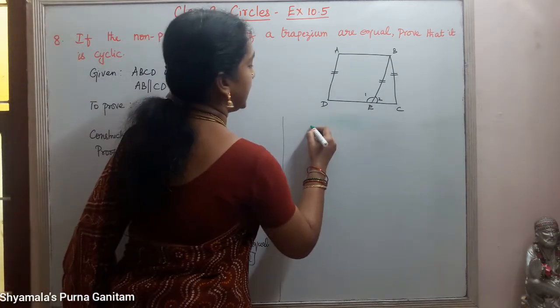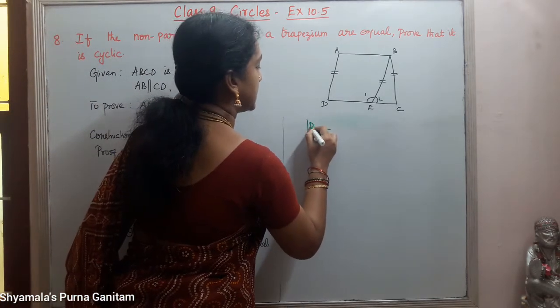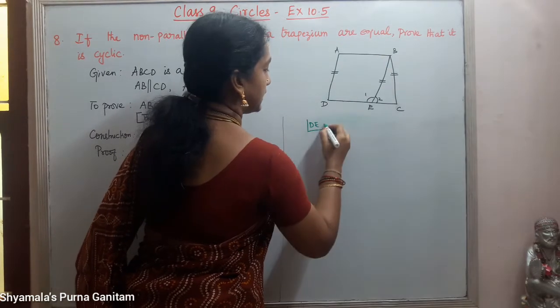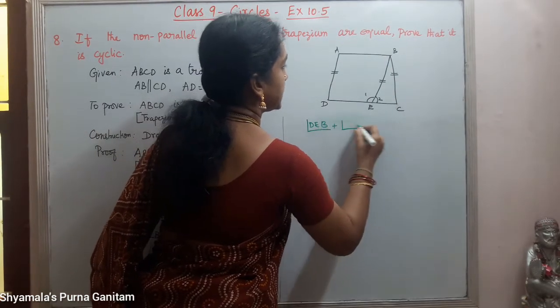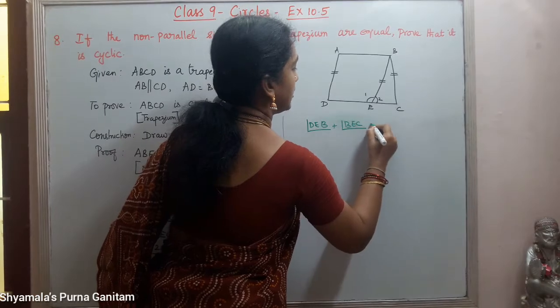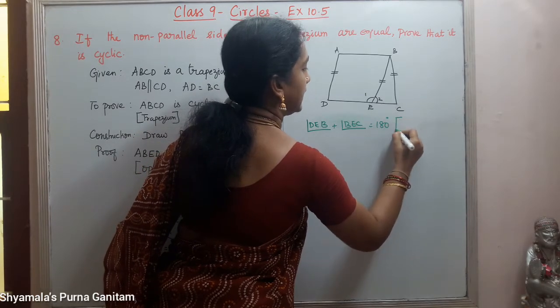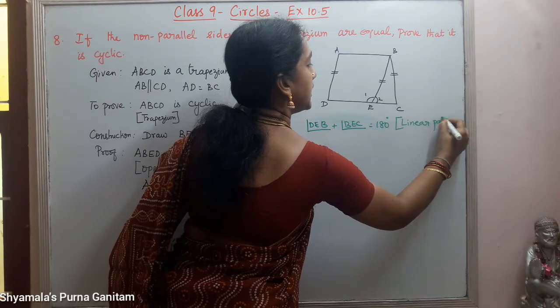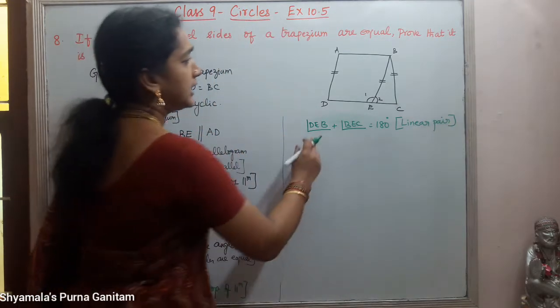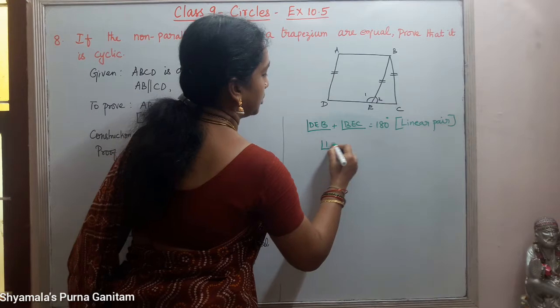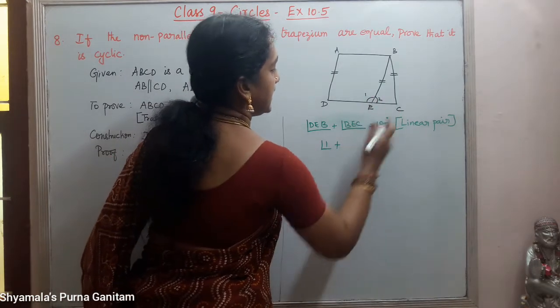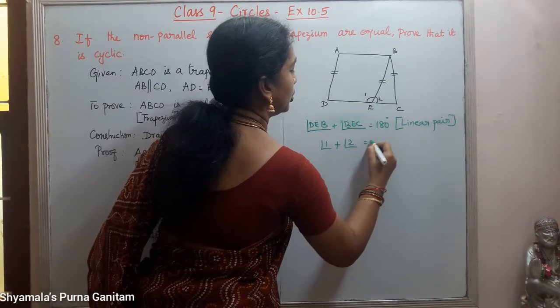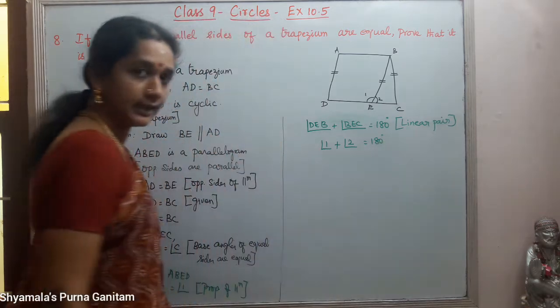Now, if we take angle DEB plus angle BEC, we will get 180 degrees, that is a linear pair. DEB is angle 1, plus BEC is angle 2, that is equal to 180 degrees.